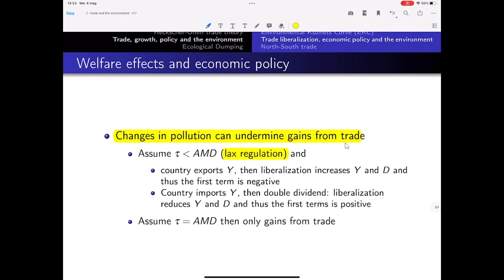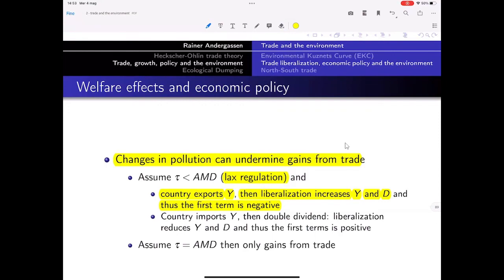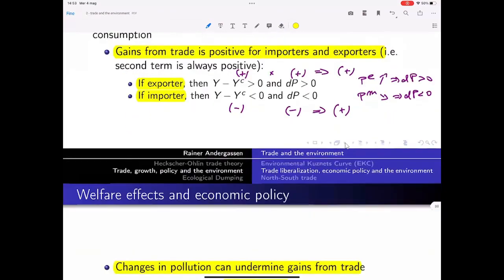In this case, what happens? If the country exports Y, then trade liberalization increases Y and therefore pollution. So in this case, the first term is negative.